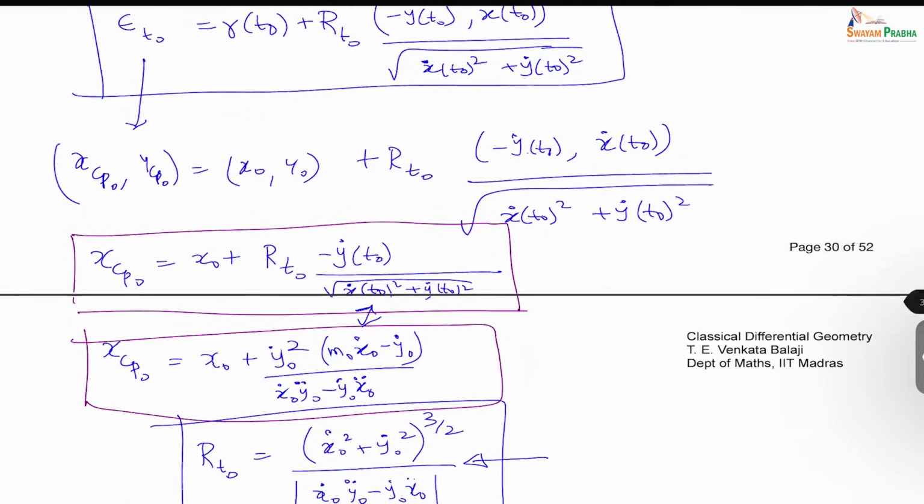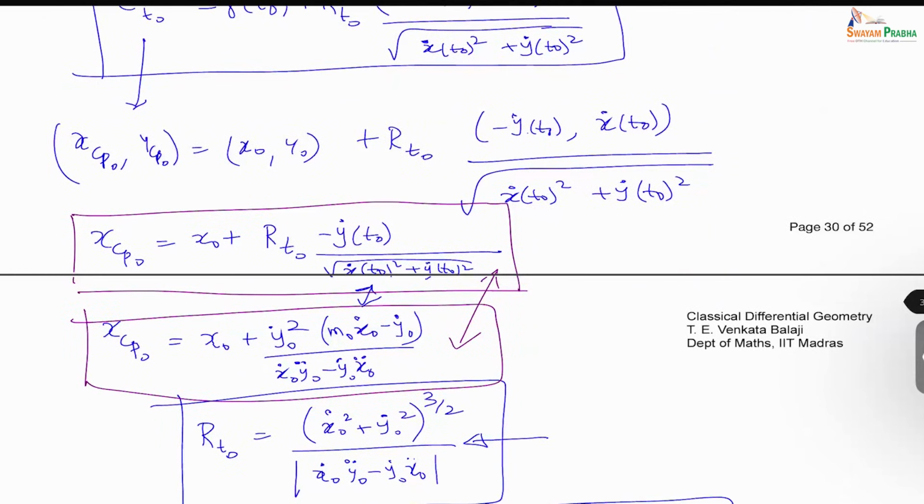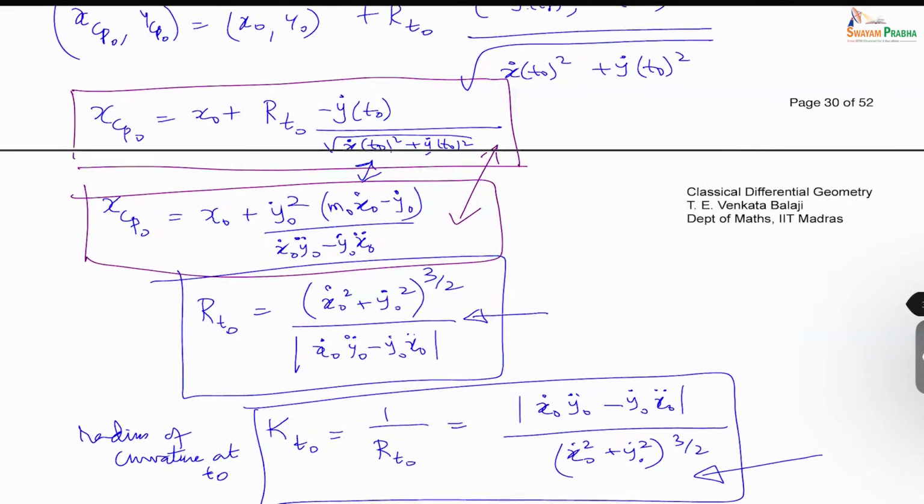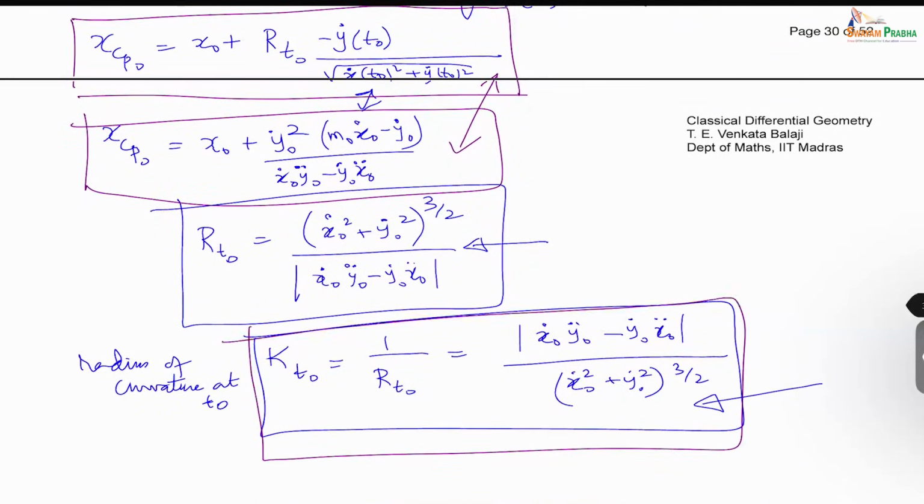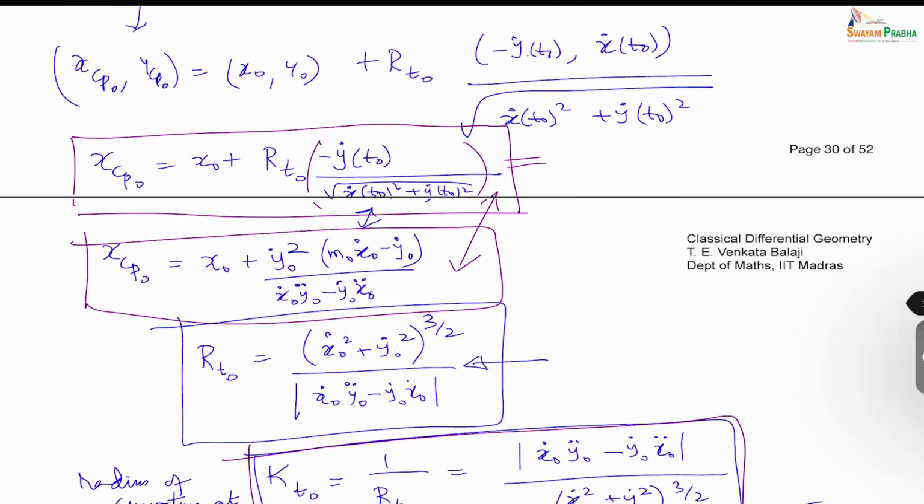Okay, and if you compare these two, the claim was that you can easily write out what the radius of curvature and the center of curvature are. So for the moment, I mentioned that this is what you are supposed to get, and that is quite easy to see. This is the expression that you get by vector addition, the x component, and this is the expression that we got by taking a limit. Okay, so I'll just say that this is gotten by a limiting process.